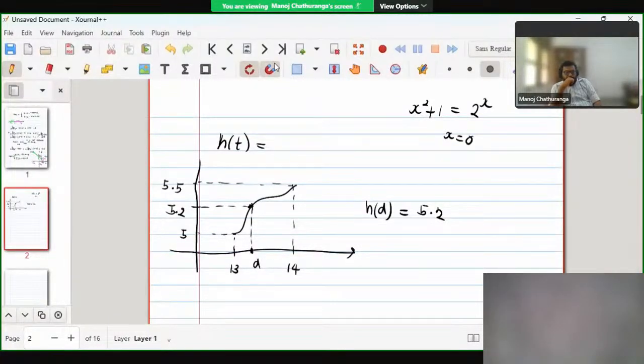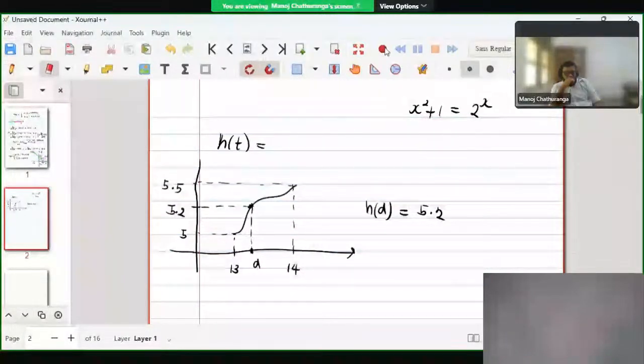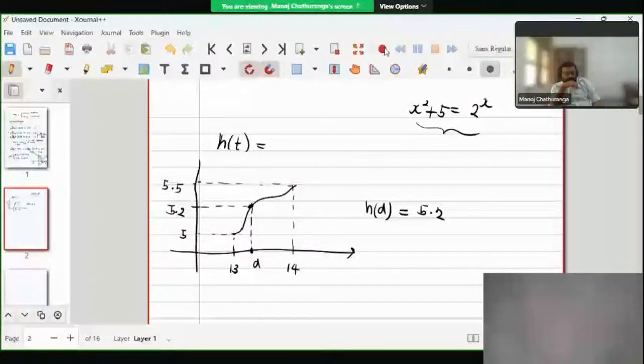But if I change this to something like 5, then we probably cannot solve this equation. There is no way we can solve this equation using something like a quadratic formula.